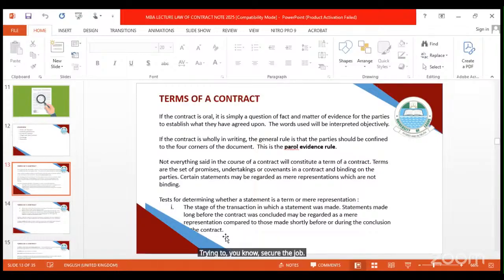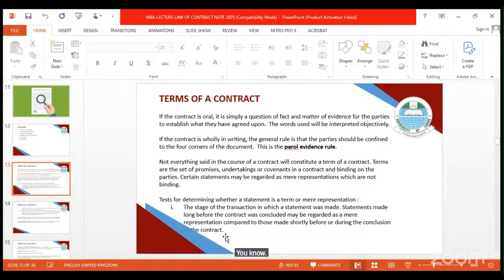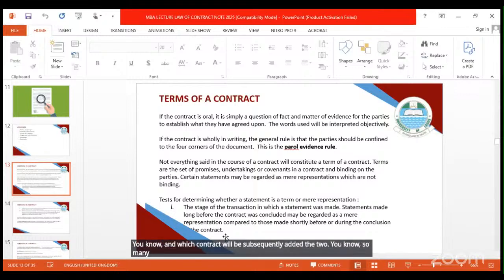Even in some of the contracts that require procurement, in most cases it's difficult to achieve some of those things within a short possible time. So you see that in the course of negotiating or pursuing that project, before the contract is subsequently entered into, many correspondences would have gone between the parties.